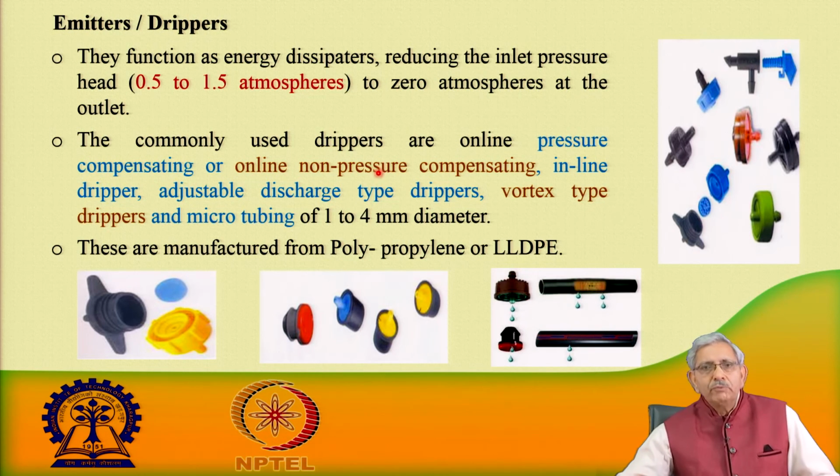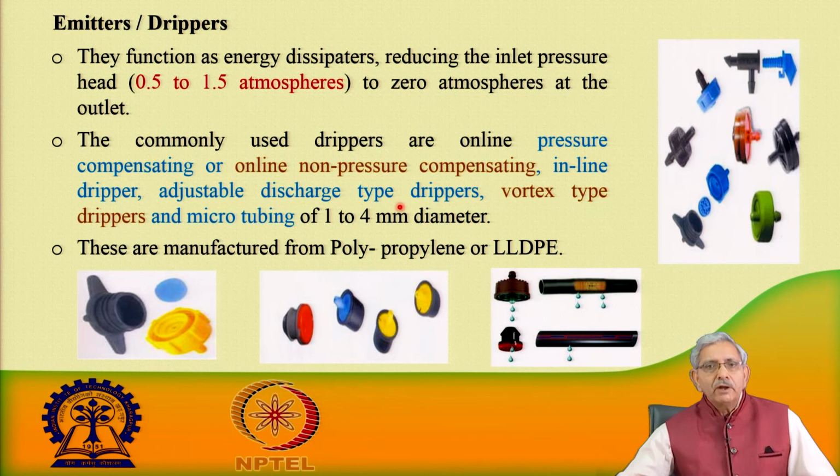There are different types of drip emitters, which we will discuss on this topic. These drip emitters can be pressure compensating, non-pressure compensating, online as well as inline dripper, adjustable discharge dripper, regulated flow dripper, vortex type of dripper, micro tubing.